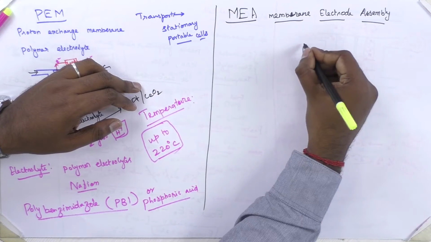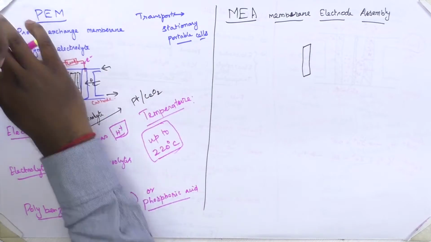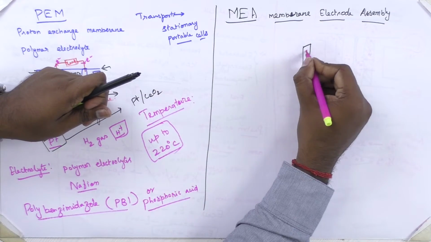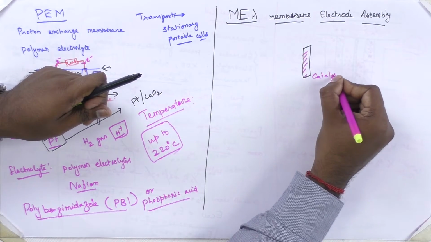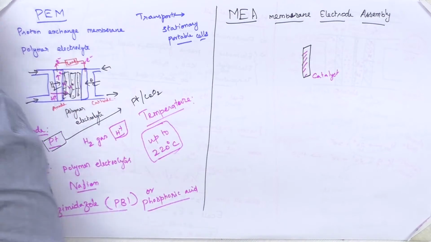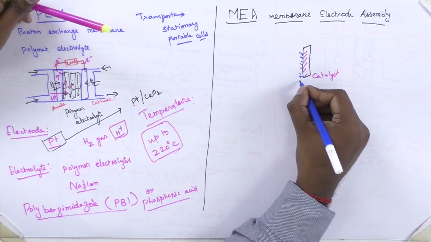If we think of this as a membrane, one catalyst is coated on this side, and another catalyst is coated on the back side.